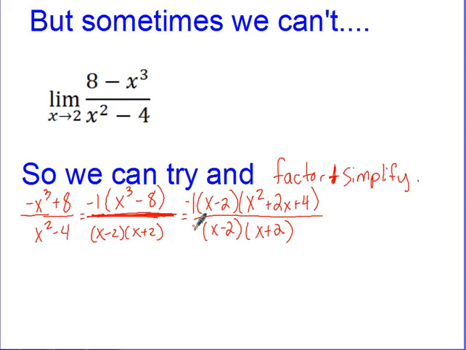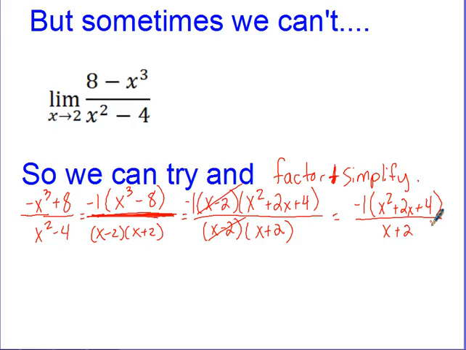So that we can cancel, so that I can plug in. Do y'all notice anything here? The x minus 2's are going to cancel. So essentially, I'm left with negative 1 times x squared plus 2x plus 4, all of that over x plus 2.